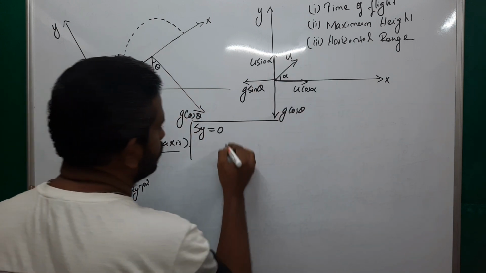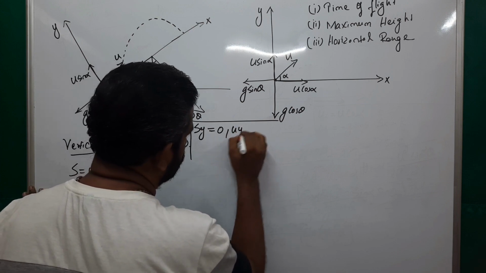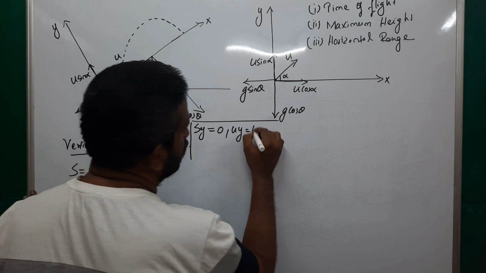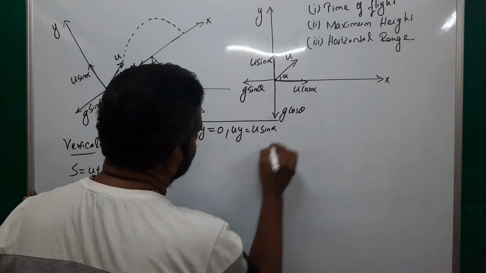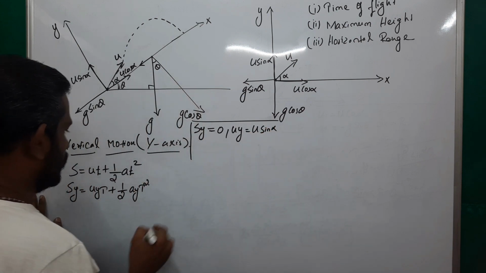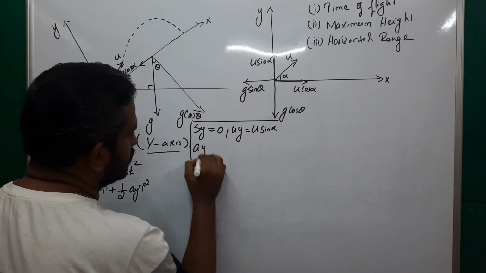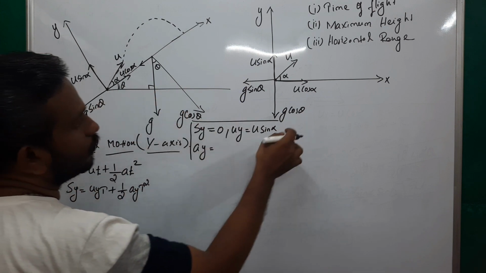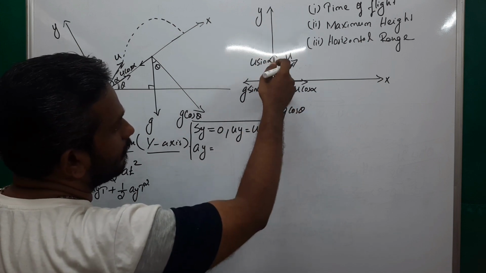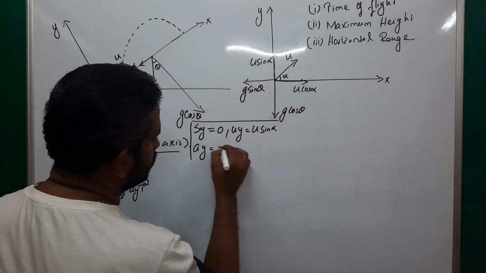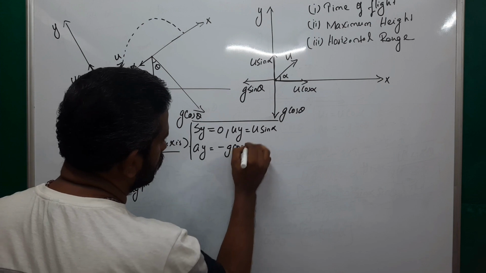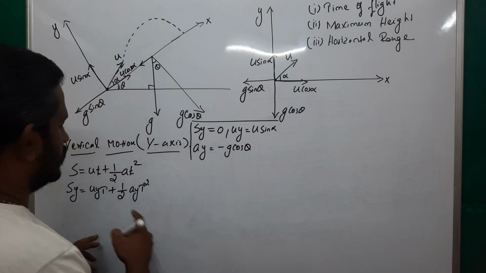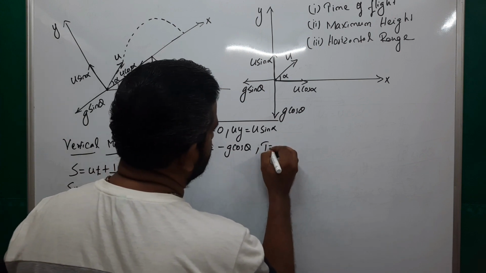So uy, the velocity in the vertical direction, is u sin alpha. The acceleration in the vertical direction, ay, is minus g cos theta, and capital T, the time of flight, we have to find.